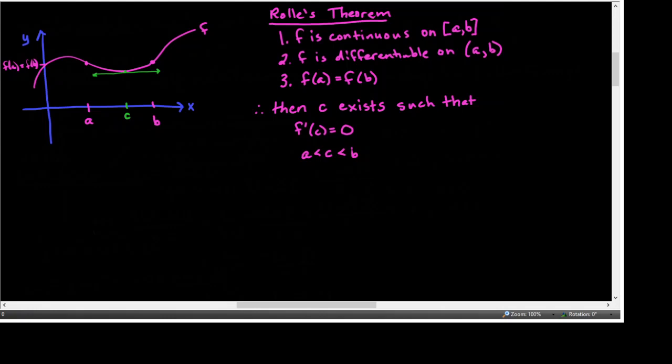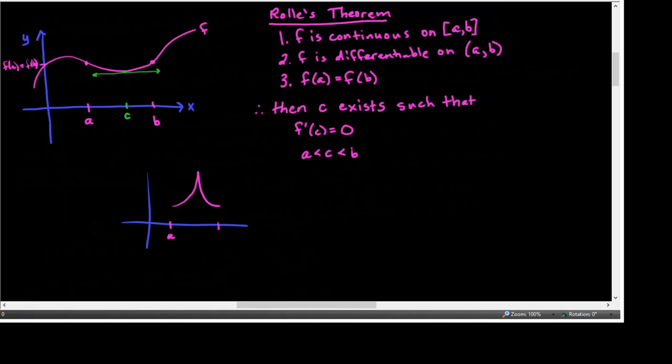If you drop the differentiability requirement, it's possible that you'll still have a critical number on the interval from a to b. That would look like maybe this. If it doesn't have to be differentiable, let's say we had something like that.